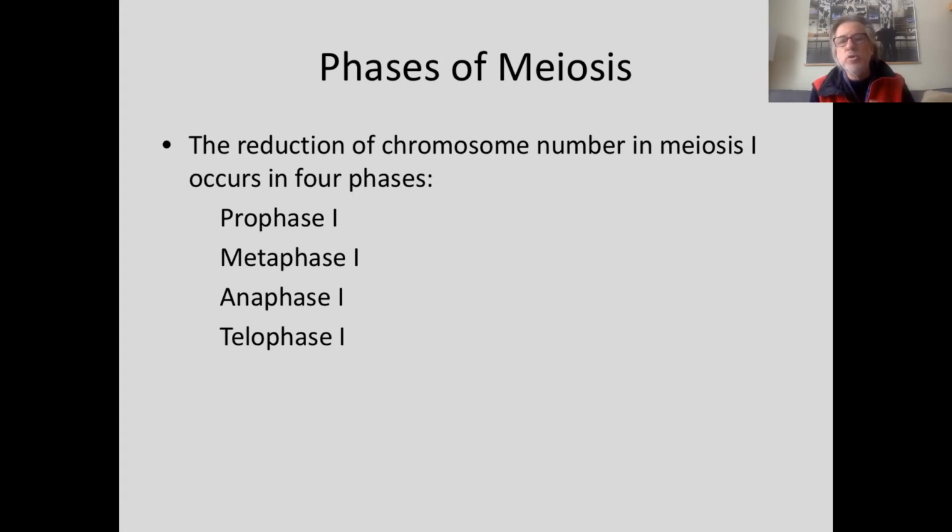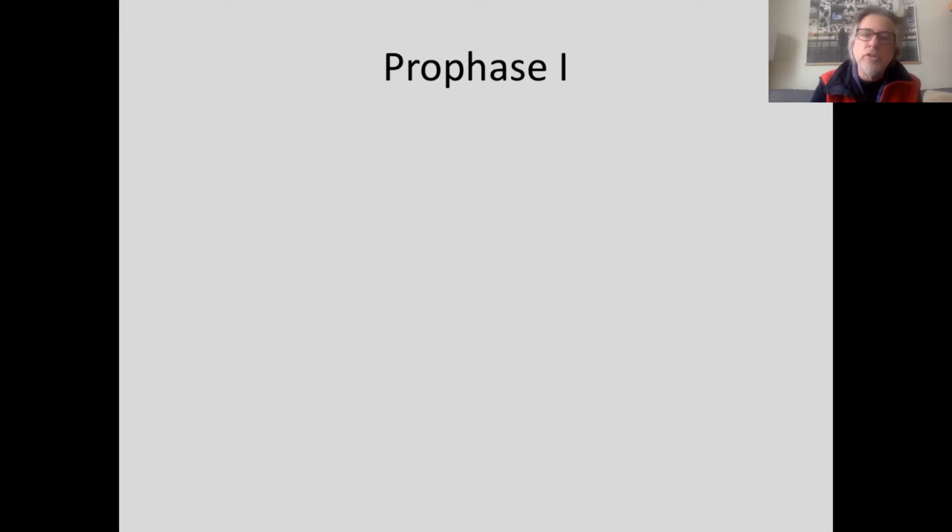But we will only use 4 phases to describe meiosis. So in meiosis 1, the 4 phases are, and this is not surprising, prophase 1, metaphase 1, anaphase 1, telophase 1. And when you see a 1 or a 2 after a phase name, you know that you're talking about meiosis and not mitosis. So let's look at prophase 1.